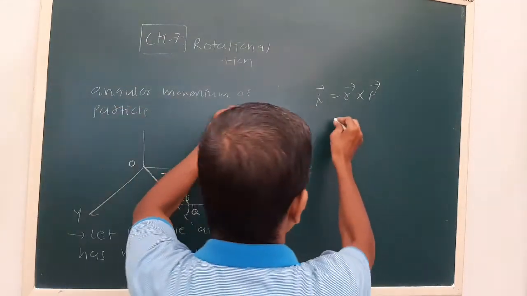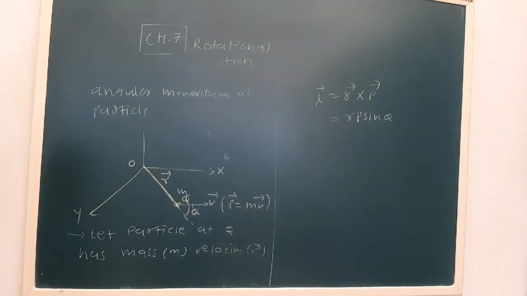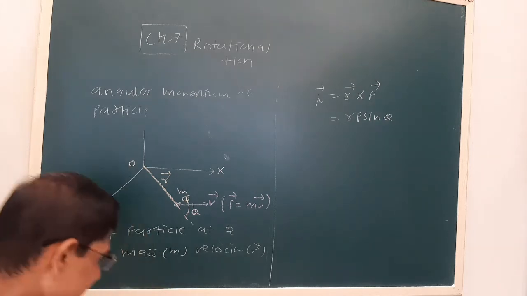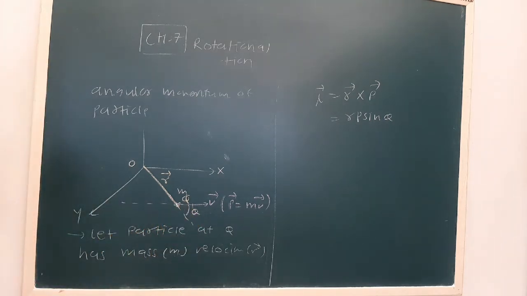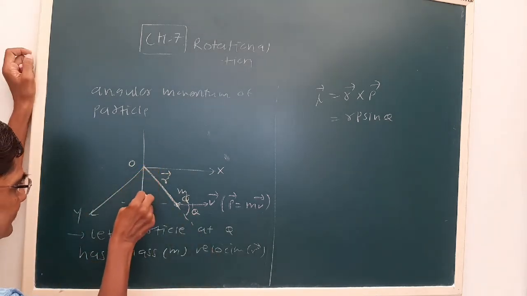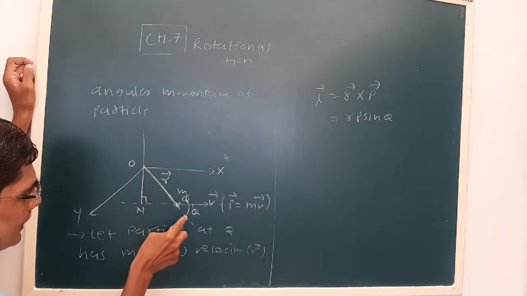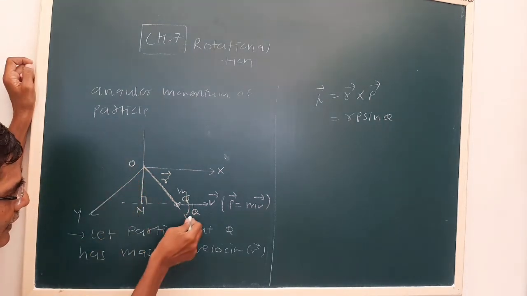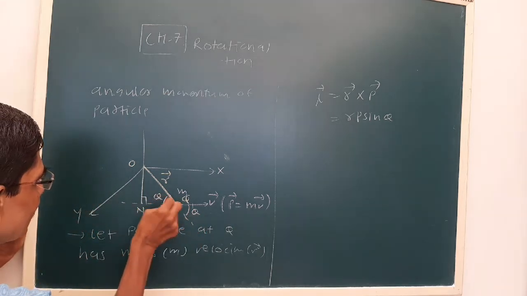Now again, A cross B is AB sin theta, so R into P into sin theta. Now this is the line of action of linear momentum. If I drop a perpendicular here, triangle ONQ will be a right angle triangle. This angle is theta, as these are vertically opposite angles.